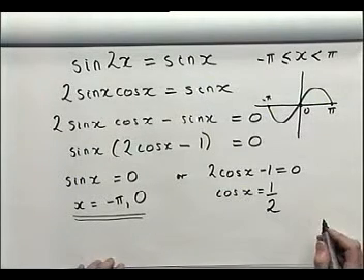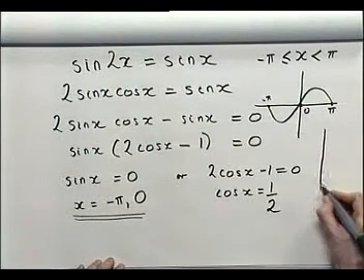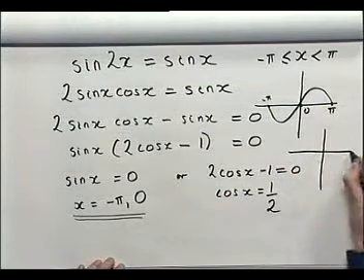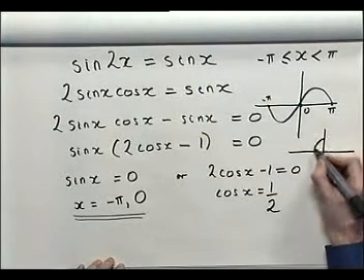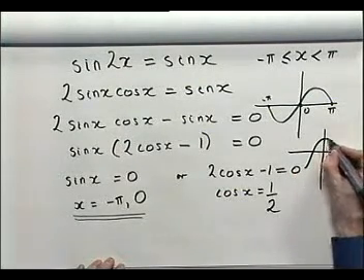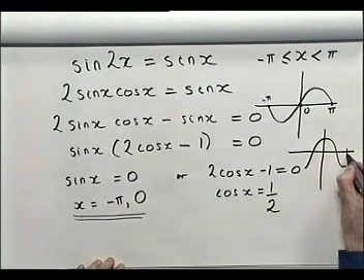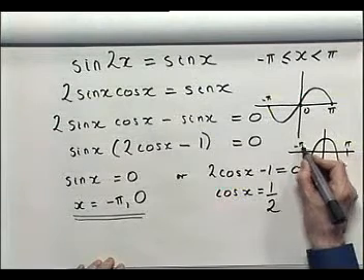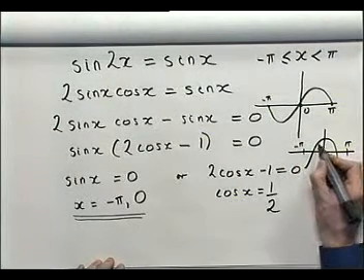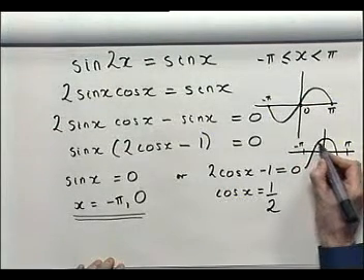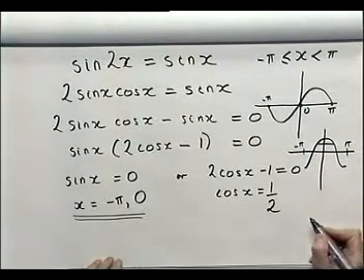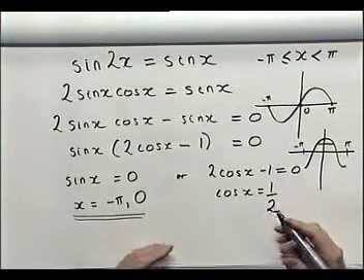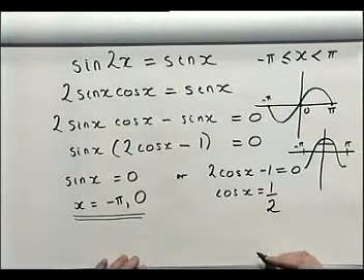And what we need to do is sketch the graph of cosine. And the graph of cosine looks like that, between pi and minus pi. And here is the half. And cos x equals a half. This is another one of these nice relationships.